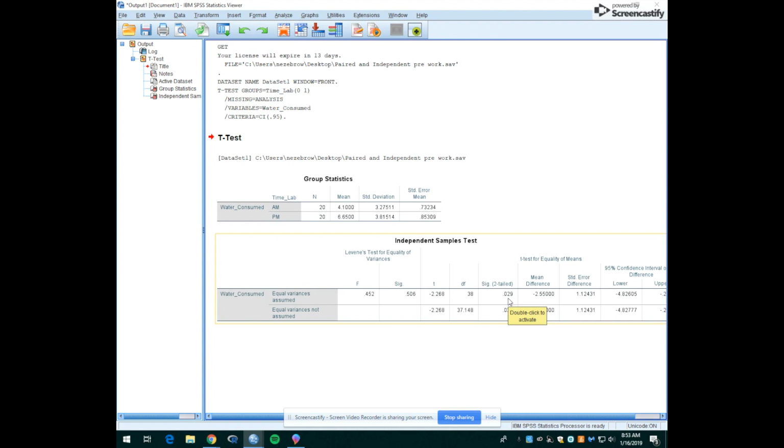So we get a p-value of 0.015. So then we can say, when we're interpreting it, that the afternoon classes actually do drink significantly more than their peers in the AM classes. So again, the 6.65 ounces is a significant more amount than the 4.1 ounces. Okay, so that's an independent samples test.